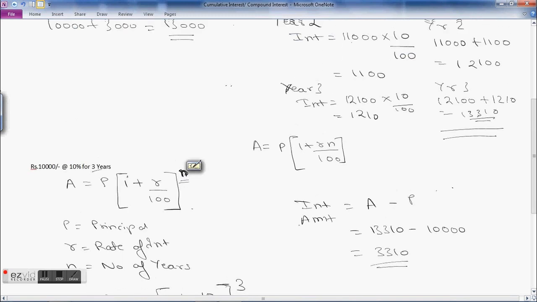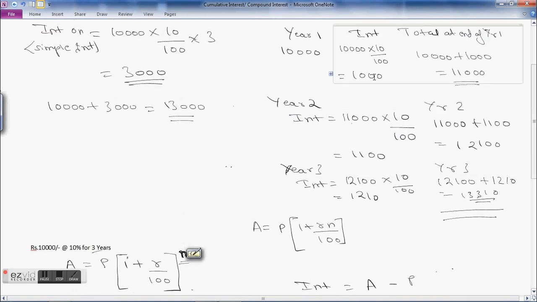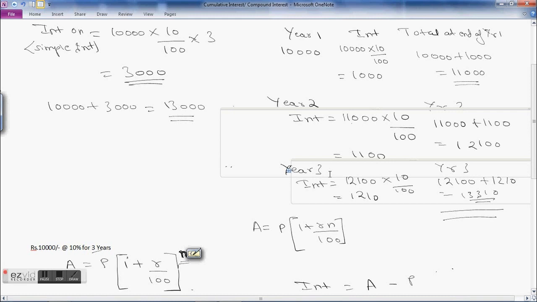For example, compounded annually means at the end of every year the interest was added to your principal amount, and this is the amount on which the interest will be received in the next year, or this is the amount on which the interest will be received in the third year. That is, the interest is compounded annually. Now we'll see one example wherein the interest is not compounded annually, but it is compounded either monthly or quarterly.